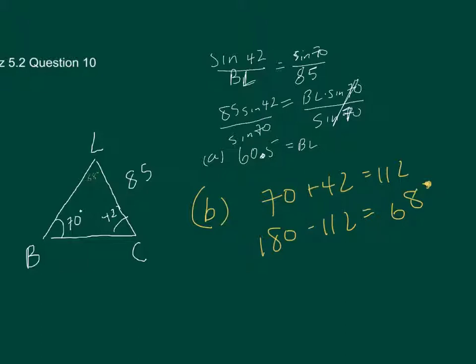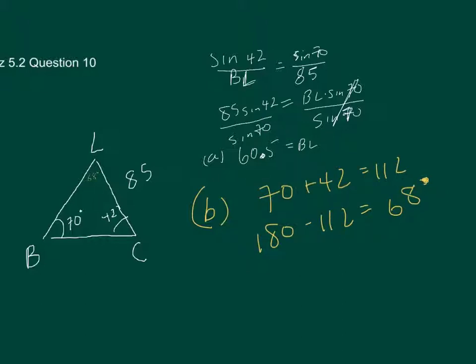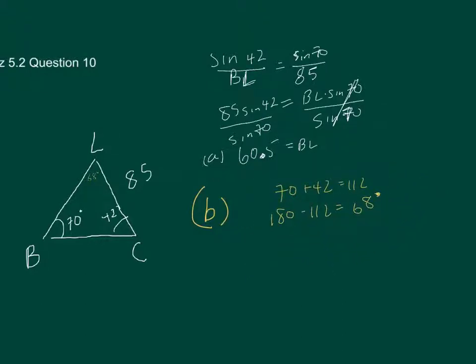Now let me shrink this so I get some more space. The question wants me to find the distance from B to C. So once again, I'll use the law of sines. I'll set it up: sine of 68 over the side across from it, which is BC, equals the sine of 70 over 85.